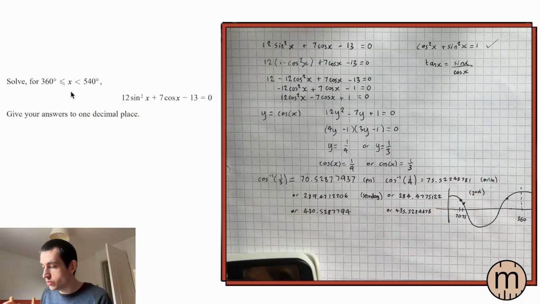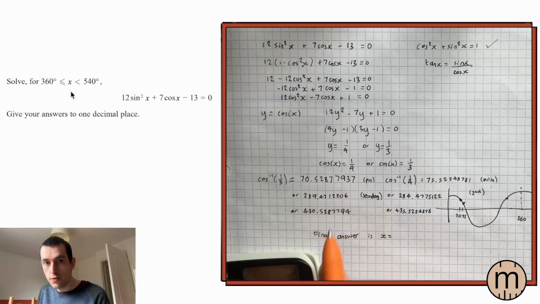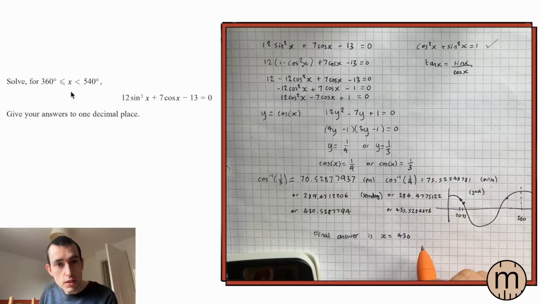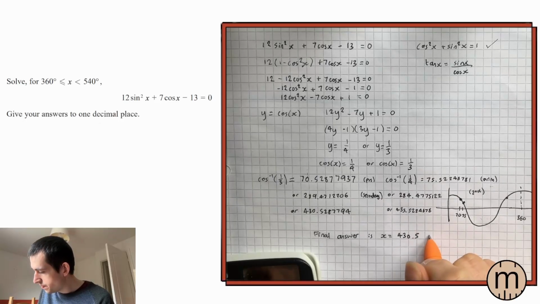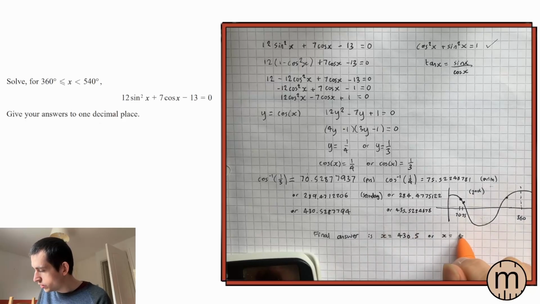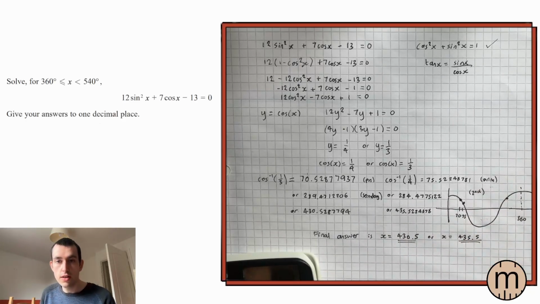So those solutions will just not count. So the final answer is simply just this value here, 430. Looking back at the question, it wants it to one decimal place, so 430.5. Or this value here, 435.5. Underline it for good luck, and that's a question done for 5 marks.